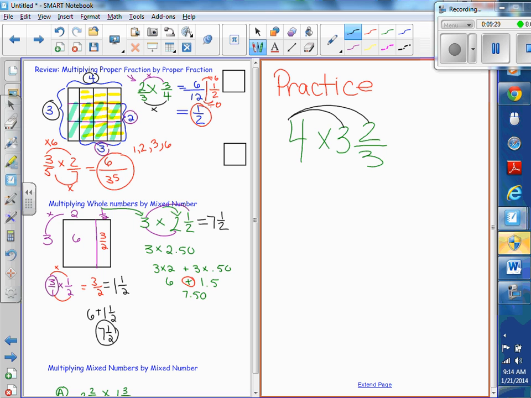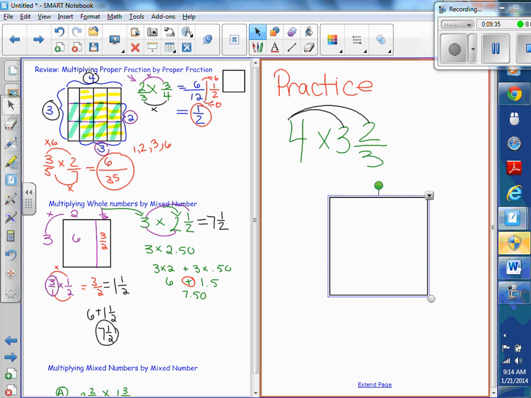So a way to think of that is with an area model. So in your notes, just make a quick little area model where you have a 4. And then the way I make the area model is I draw a line here for my fraction. I put the whole part and the fraction part. So it's a little different than the area model that we were doing before, but it's the same idea.